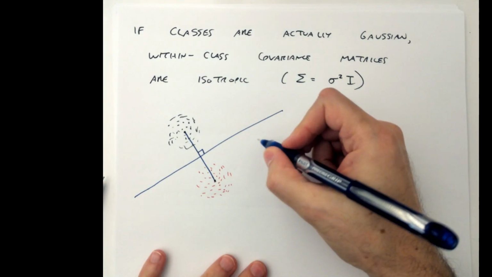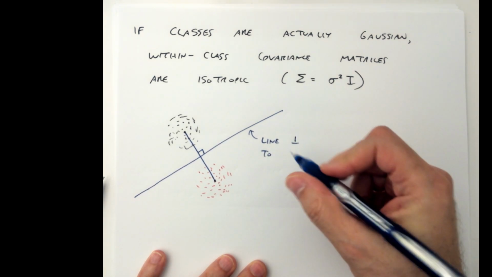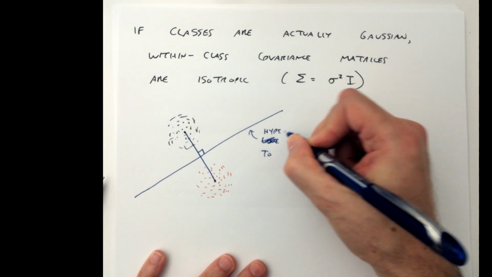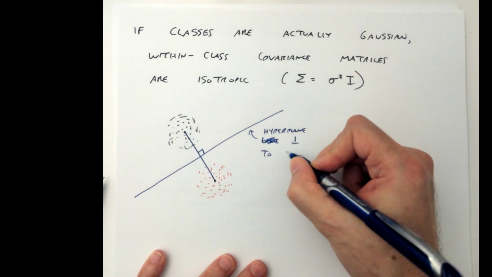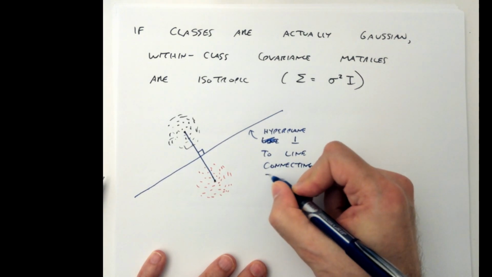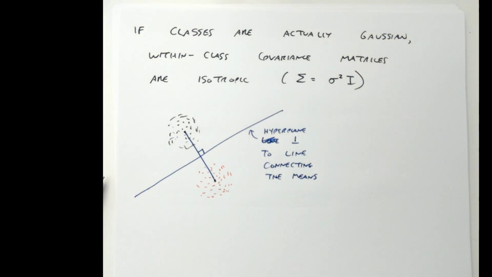So this is the hyperplane perpendicular to the line connecting the means. It's like saying that when I have that kind of setup, the best I can do is to orient things so I'm projecting down onto that line, right? It's not true in the general case when the matrices are not round.